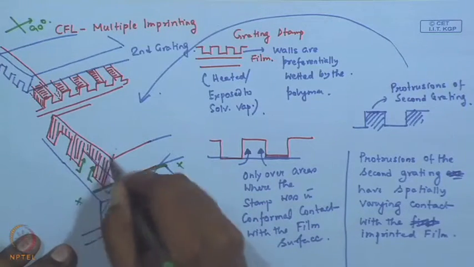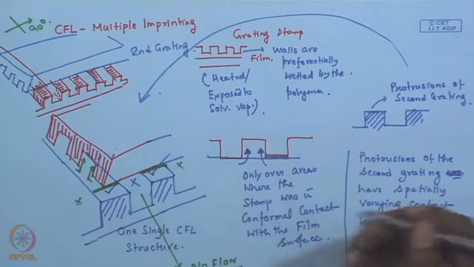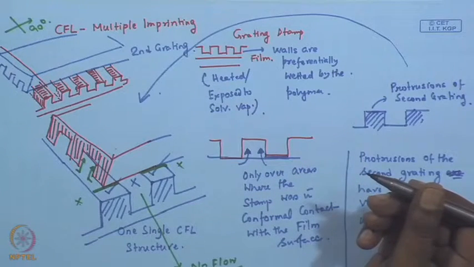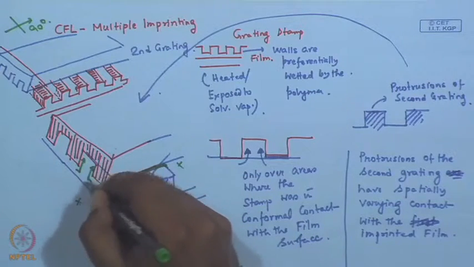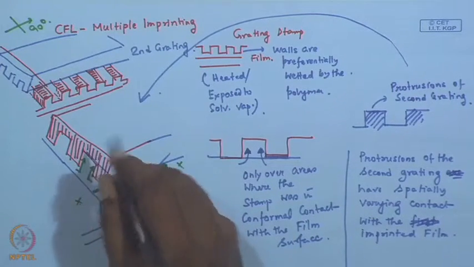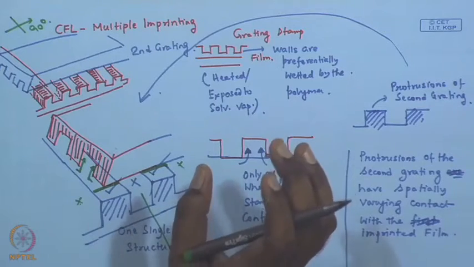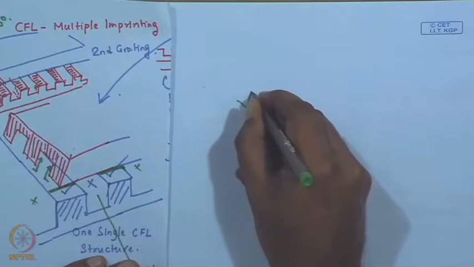Therefore, if you again allow capillary force lithography, or capillary driven flow, to take place, the mold filling will only occur over the areas where the second grating stamp is in contact with the patterned bottom layer film. This will result in some structures like this.